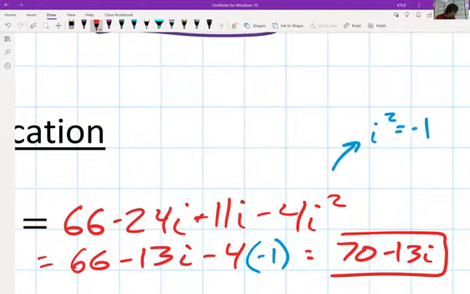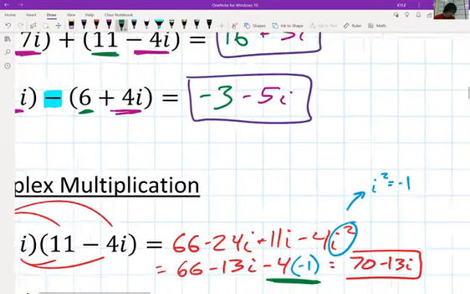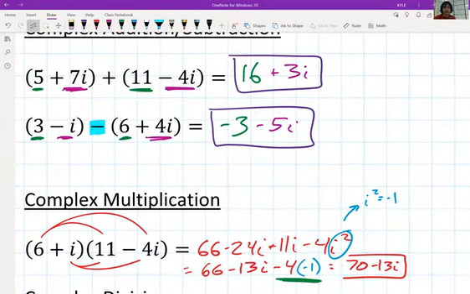And again, it all comes from i squared, which we got when we FOILed, being the same as -1. So we always want to replace our i squareds with a -1. That meant that highlighting green, this guy here ended up being a plus 4. So that's where we got the 70. So make sure you are simplifying your i squareds. Whenever you get an i squared, it ends up as -1, and then you simplify further.